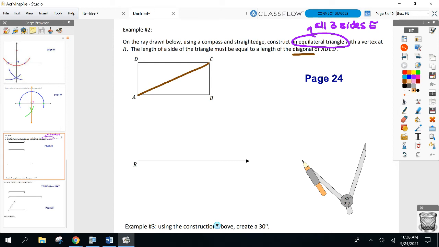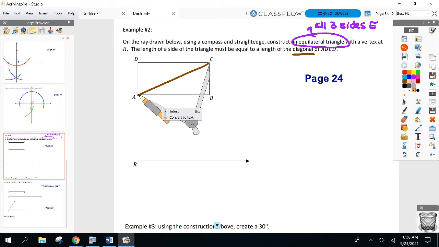If each side of my triangle has to be that length, I better open up my compass to that length.